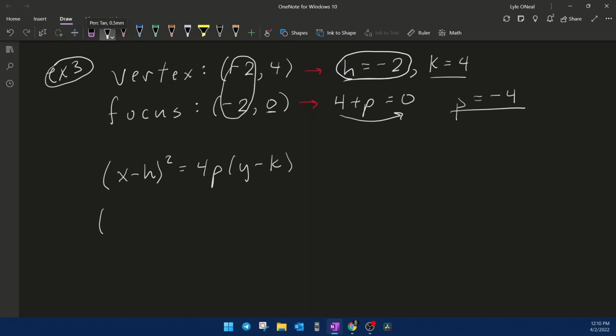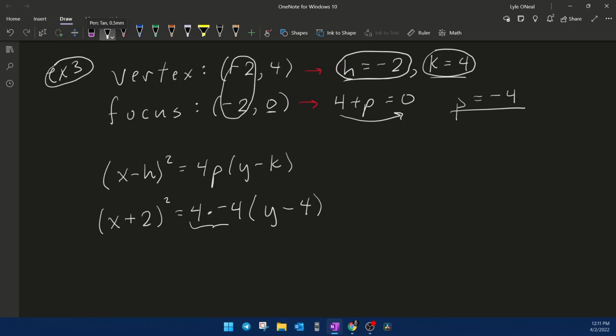H is negative 2. So x, minus a negative will make that a plus 2 squared equals 4 times p. P is negative 4. Y minus k. K is 4. So that's just going to be y minus 4.